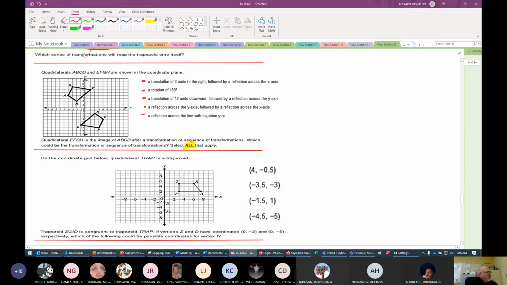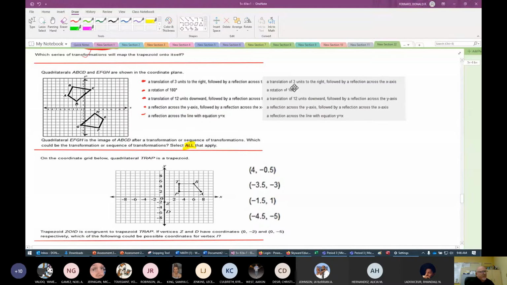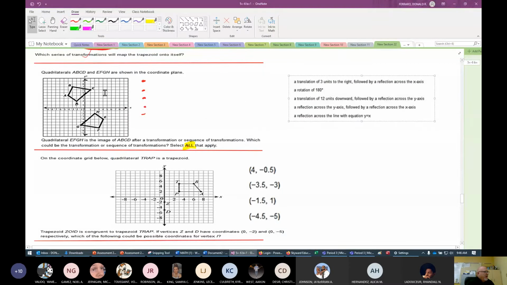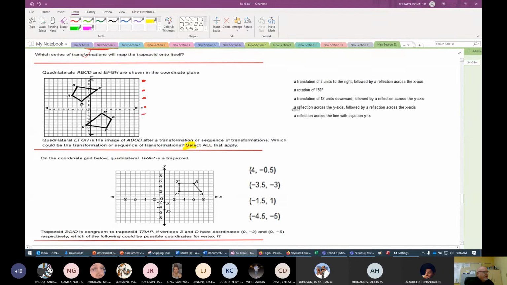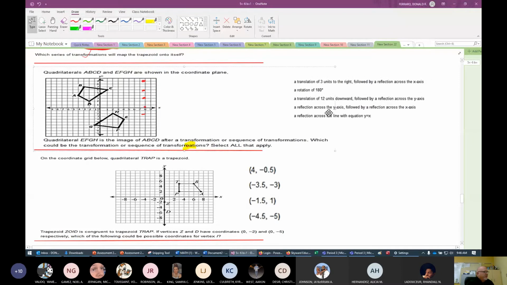We've got a translation of 3 units to the right, followed by a reflection across the x-axis. So if we translate this first point, I want to see if I can make this a little bit bigger.